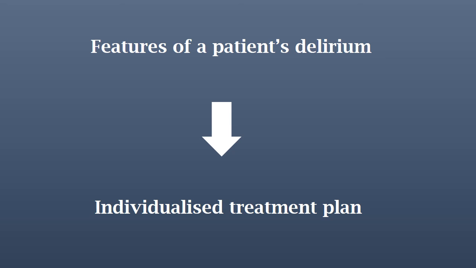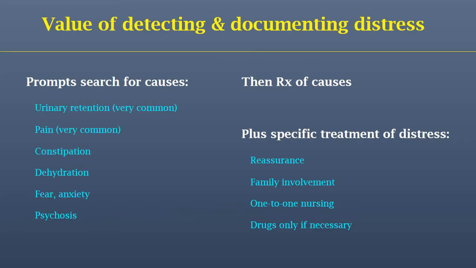For example, if somebody's very distressed, you might find a way to bring a family member in or do something else to reduce that level of distress. So just to expand on this a little bit more, once you've looked for distress and picked it up if it's present, it's very useful clinically, because then you can specifically look for causes which can be remedied, like pain.